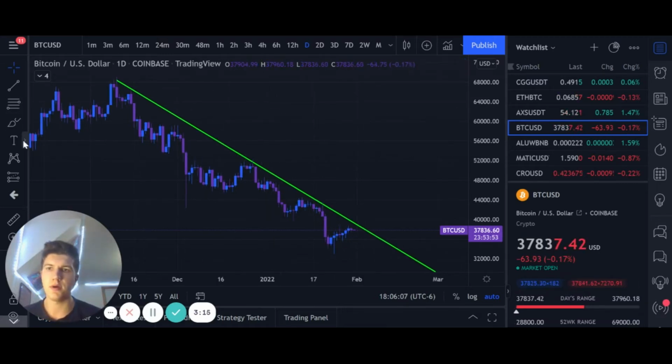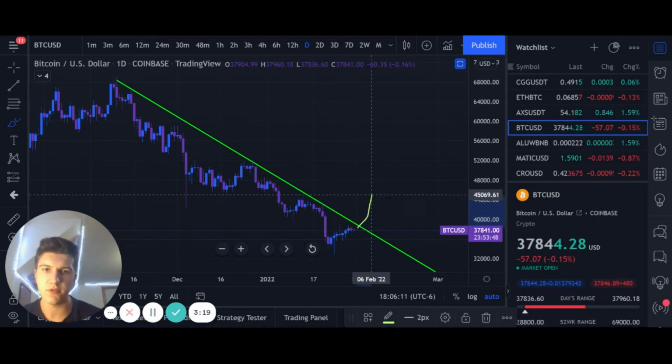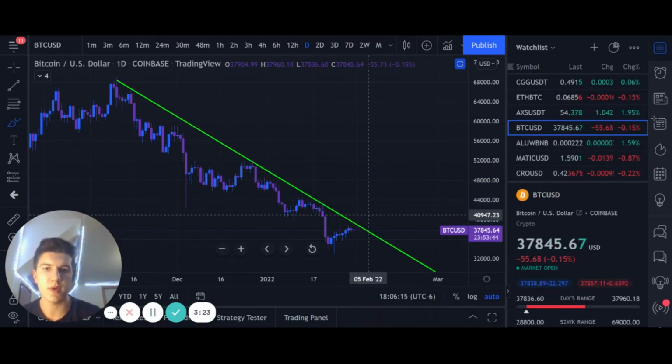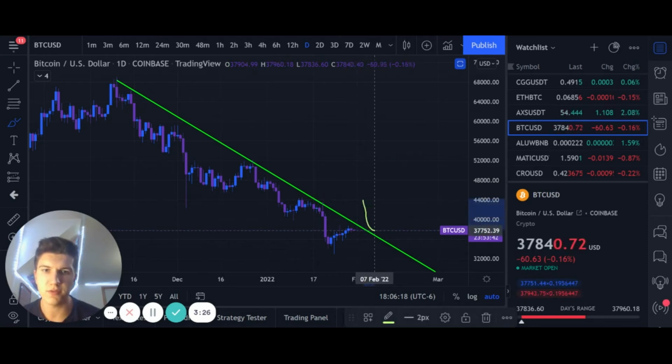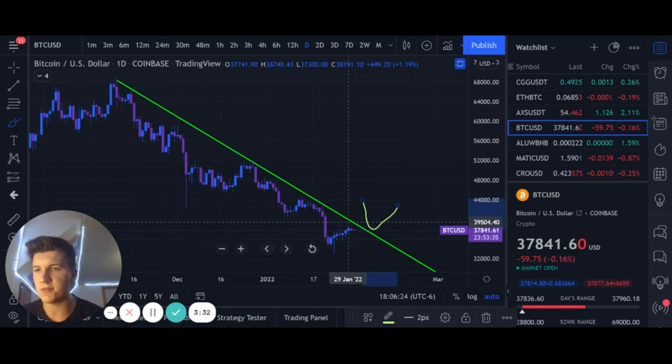What to look for when price does break out of a trend is that you want to look for price coming back to retest the trend line as support. In this case, the trend line is acting as resistance.